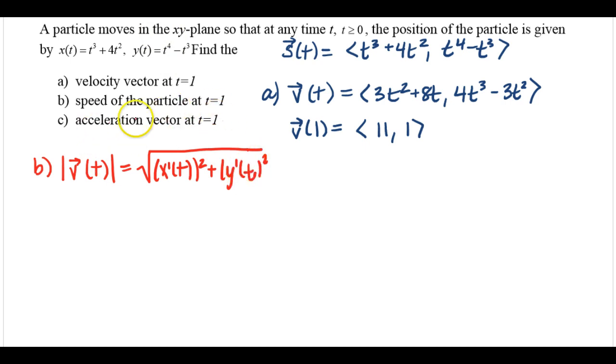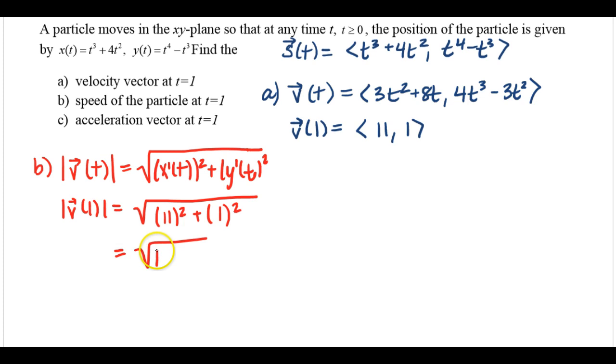And now I need to substitute 1 because I want the speed of the particle specifically at 1. Here, what I'm really doing is substituting these two quantities, x prime of t and y prime of t, that I already found in v of 1, into this formula. So x prime of 1 is 11 squared, and then plus y prime of 1, which is 1 squared.